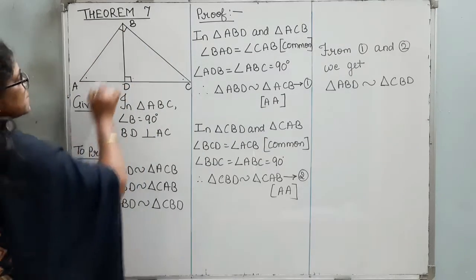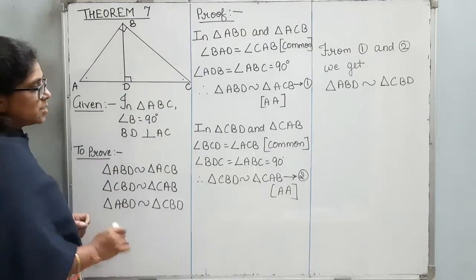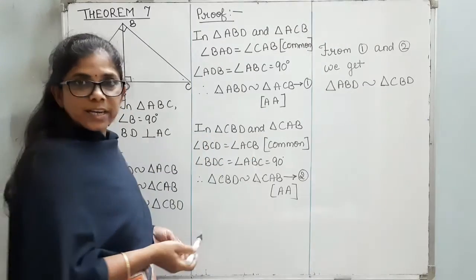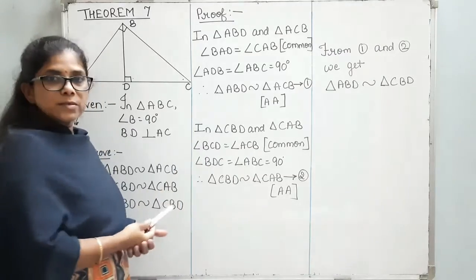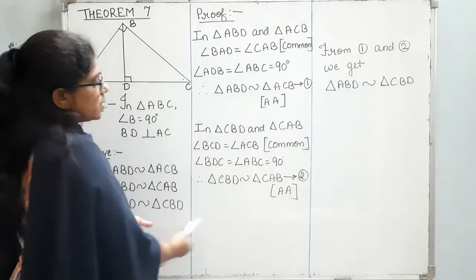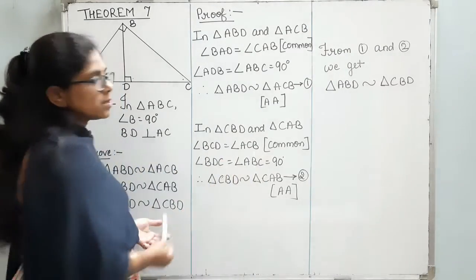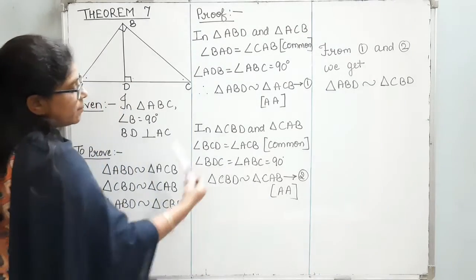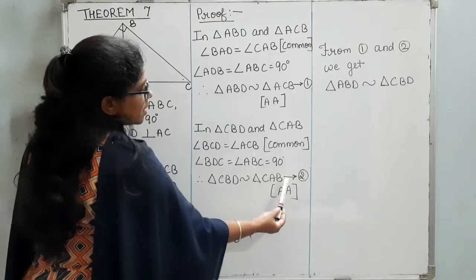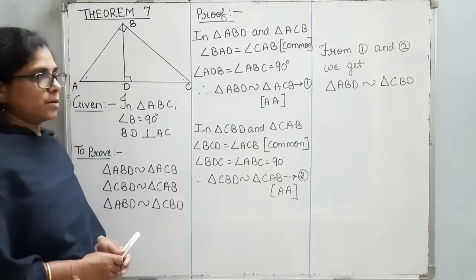This angle is 90 degrees and even this angle is 90 degrees. So what did we get here? Again, in these two triangles, two angles are equal. So as two angles are equal, these two triangles are similar by AA criteria. Triangle CBD and triangle CAB are similar by AA criteria.